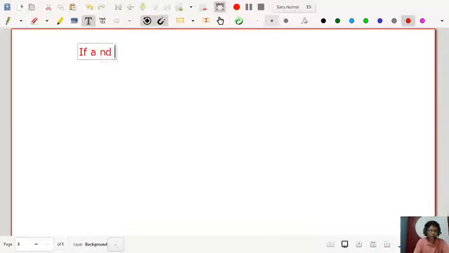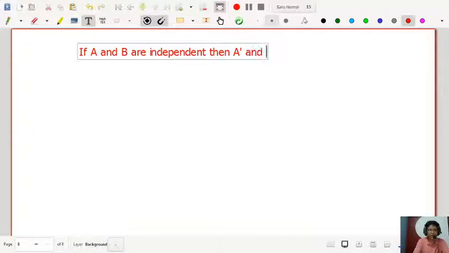If events A and B are independent, then A complement and B complement are also independent.